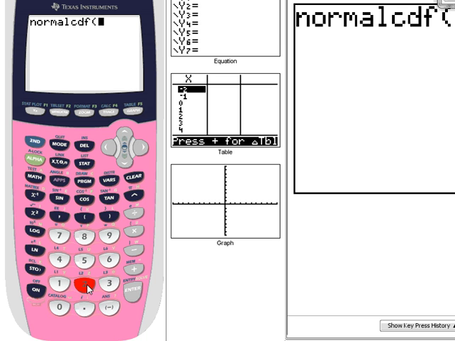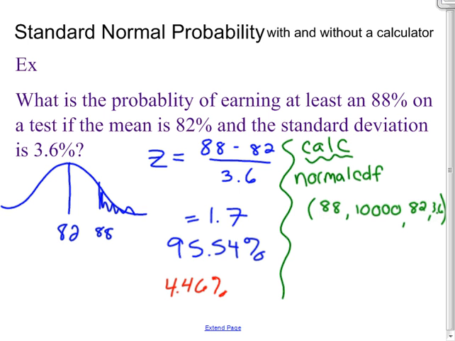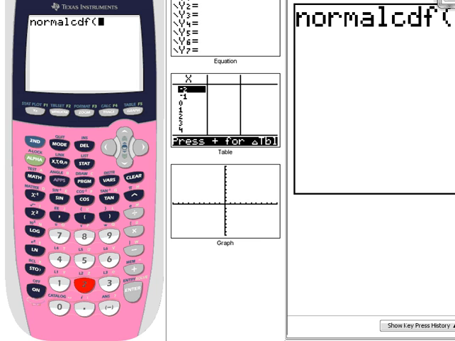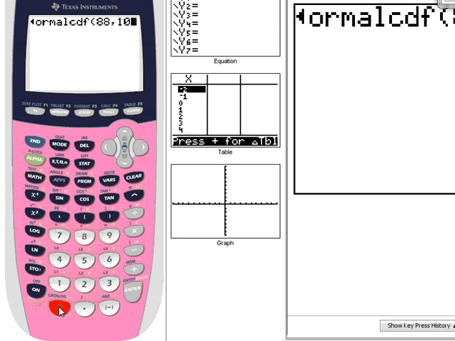So now I type in, according to our sheet here, the lowest value was 88. So 88. And then my comma, which is above your 7. My upper bound, we said we're going to put in 10,000. Comma. My mean for that was 82.